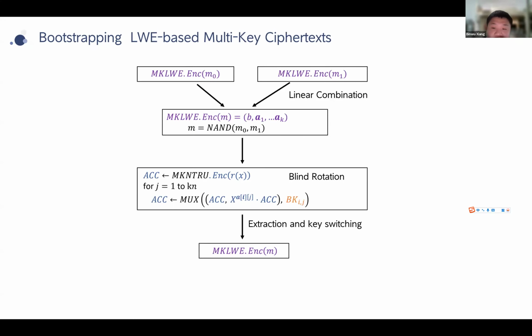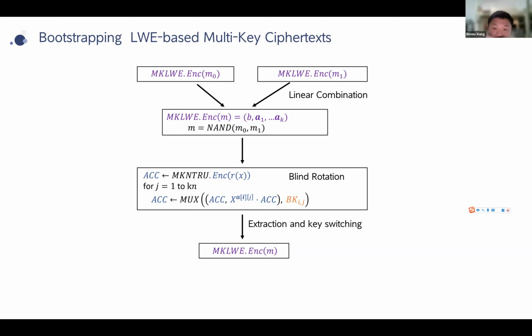In fact, we can also use the second layer NTRU-based bootstrapping to bootstrap the first layer multi-key LWE ciphertext. The only difference is that the output of the blind rotation is a multi-key NTRU ciphertext. Therefore, we need to use a simple extraction to obtain a multi-key LWE ciphertext, and then apply the key switching to switch back to the first layer ciphertext.